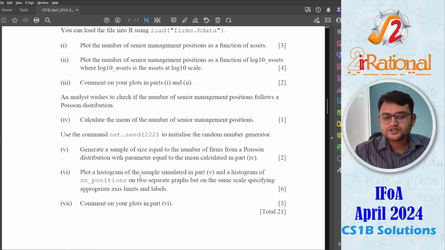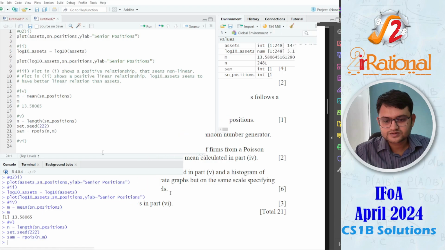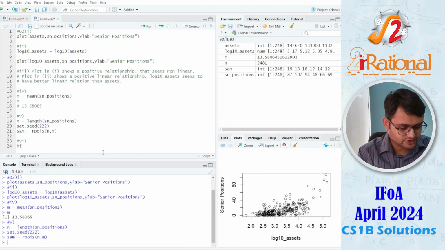Sixth part, plot a histogram of the sample simulated in part 5 and a histogram of SN positions on two separate graphs but on the same scale, specifying appropriate axis limits and labels. So first let's check our histograms.